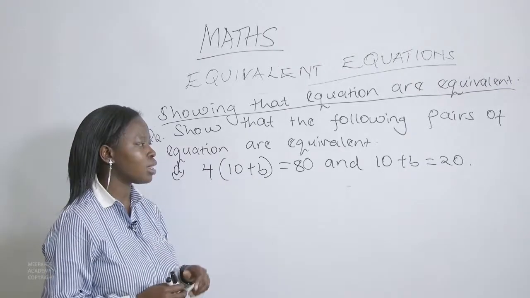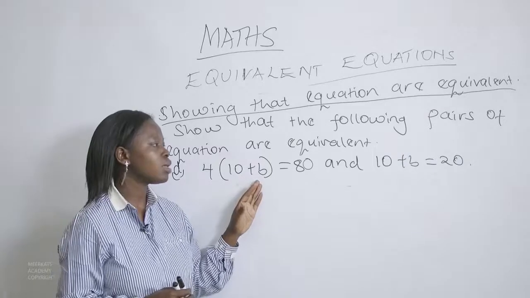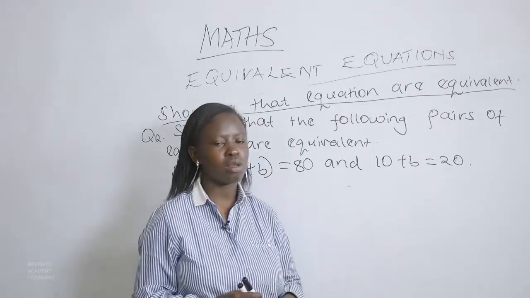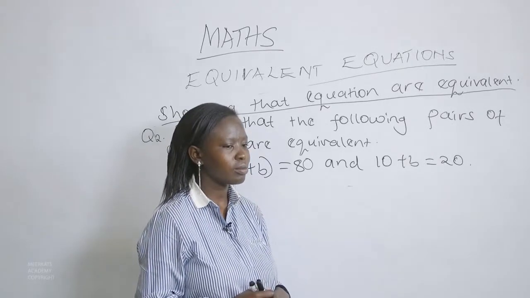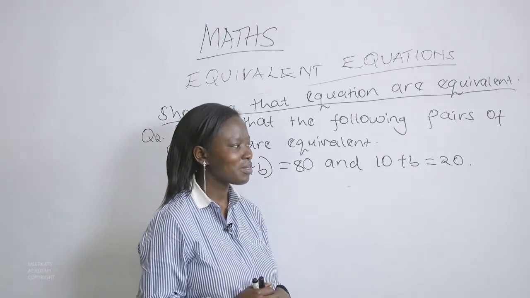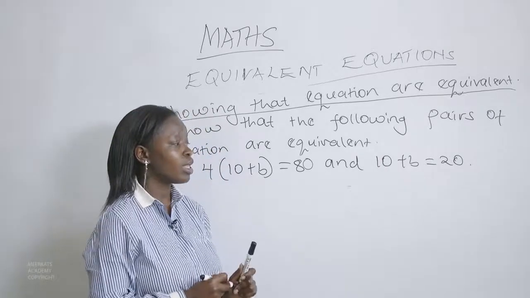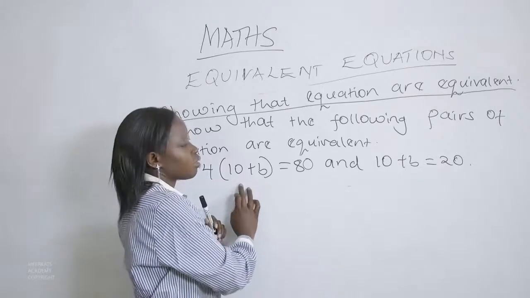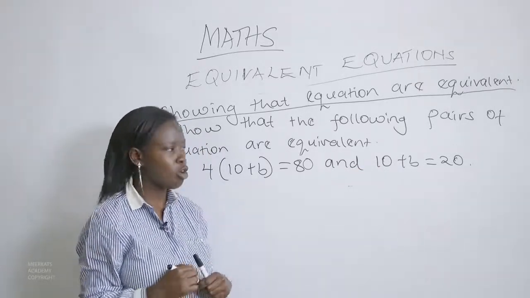So what is happening here? We have 4 into 10 plus b is equal to 80, and 10 plus b is equal to 20. We discover that in this case, for us to obtain the first equation from the second equation, we can multiply by 4 on both sides.